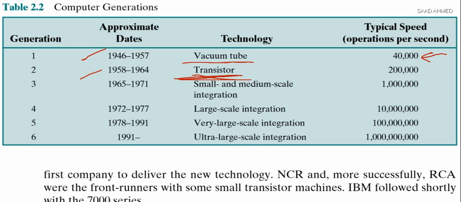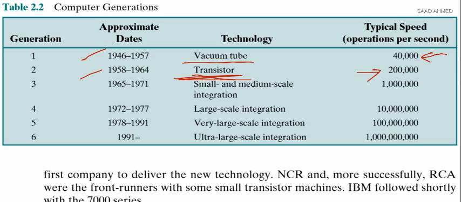The transistor was invented in 1947, and then it was commercially available and used. The transistor is the one thing which has drastically reduced the size of computers and other electronic devices. The miniature devices you see today exist mainly because of this invention of the transistor. Anyway, it was capable of producing something like 200,000 operations per second.